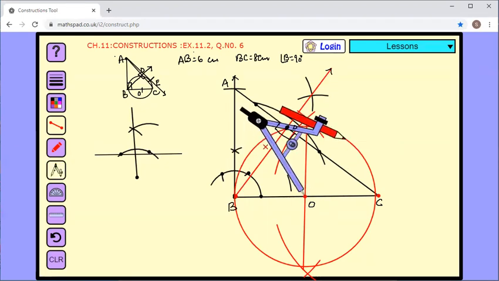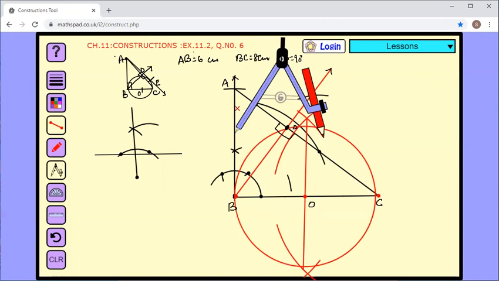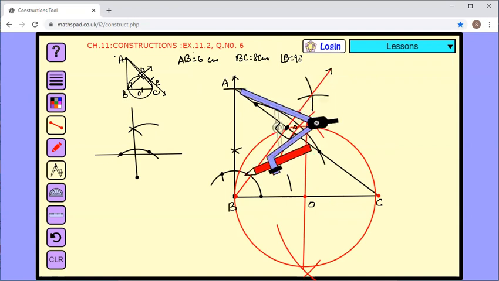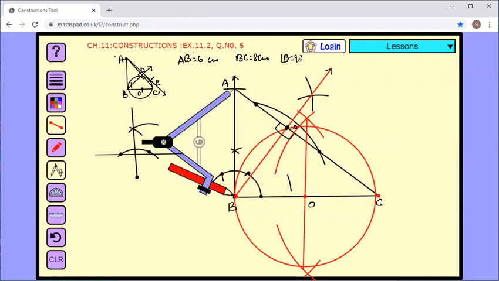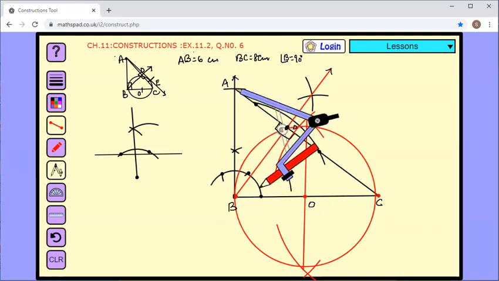And now I have to make two tangents to this circle from the point A. Now what I will do, I'll put my compass here at A, measure it so that I am able to get the length of the tangent. So this is the length of one tangent and I know that the lengths of two tangents from an exterior point are the same.